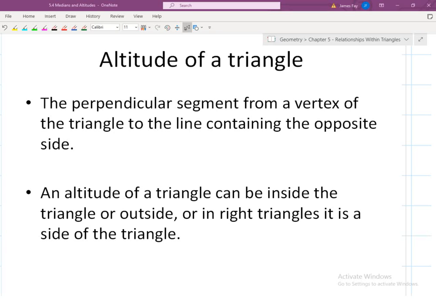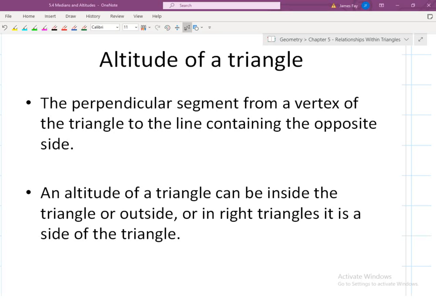In other shapes, that definition might change to the perpendicular segment from one parallel side to another parallel side, if we're talking about a parallelogram, or from a vertex to a particular side, maybe not necessarily the opposite side.